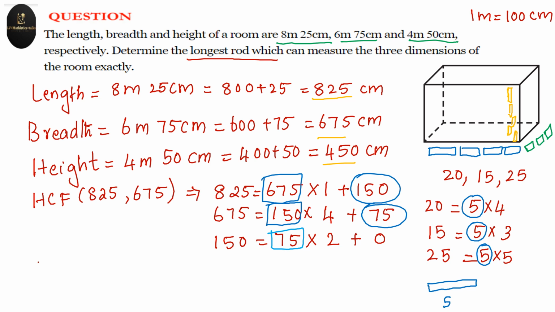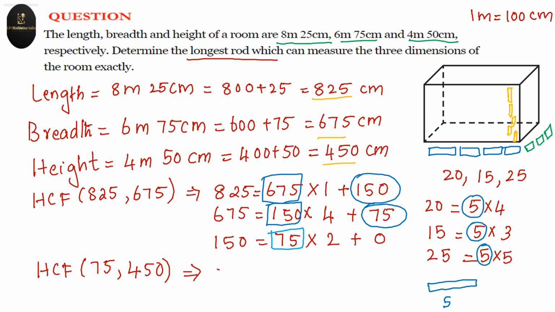Now what you have to do is find the HCF of 75 and the height. What is the height here? 450. Now you don't really have to use the division algorithm, because 450 is a multiple of 75, so 450 is completely divisible by 75.